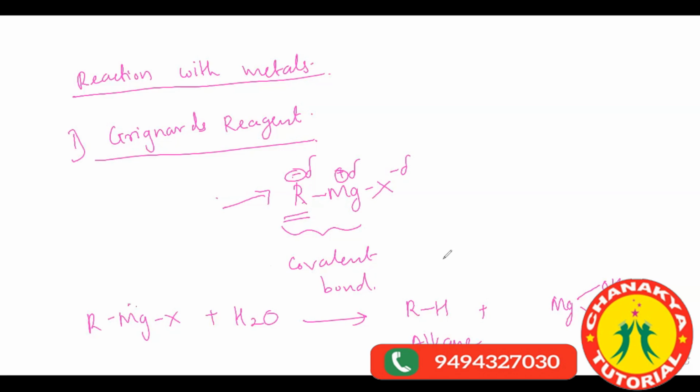Fine. And what happens when an alkyl halide is reacted with sodium in the presence of dry ether? That reaction is nothing but the Wurtz reaction, and I have already explained it to you. So when your alkyl halide RX reacts with sodium metal, 2 moles of alkyl halide react with 2 moles of sodium metal.